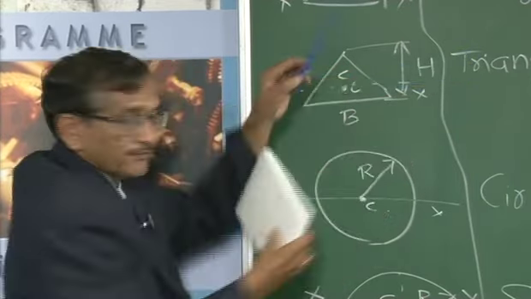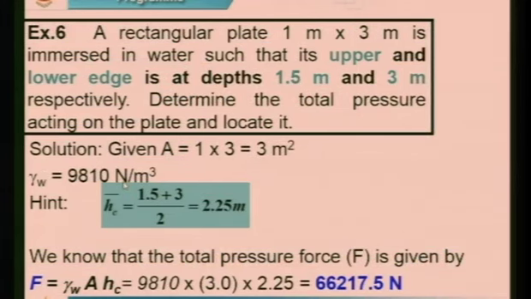In this case, the area of the plate, no doubt, 1 by 3 meter is given. The hint to calculate the centroid or Hc is simply to take the average of these two values, 3 plus 1.5 by 2. So what is your Hc? 1.5 plus 3 by 2, which is 4.5 by 2, which is 2.25. So gamma W is, it's water, 9810.